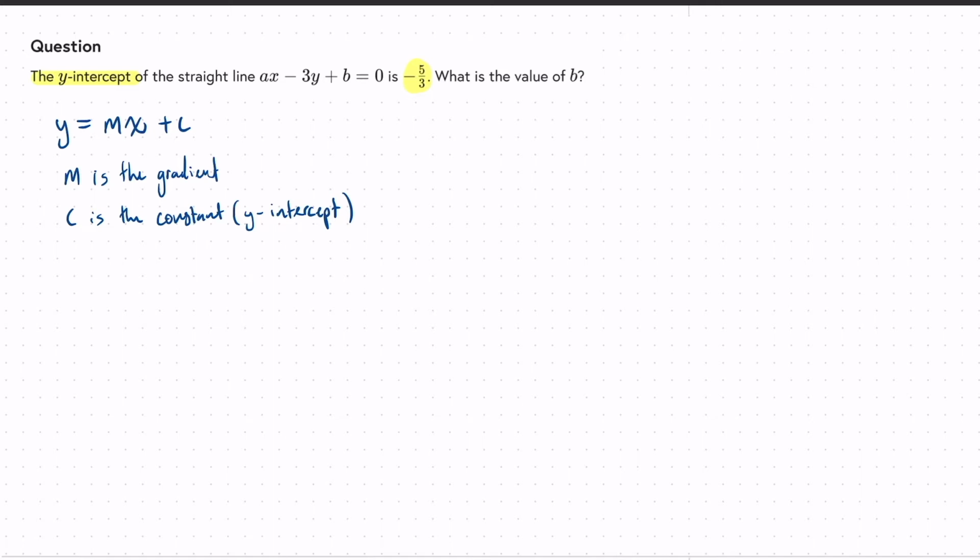So what I'm hoping for is that I get to the end of rearranging this equation and I will see what it is that b is equal to. So let's get started. Ax minus 3y plus b equal to 0. I'm going to move the y to the other side, and I'm going to divide both sides by 3 to get y by itself.